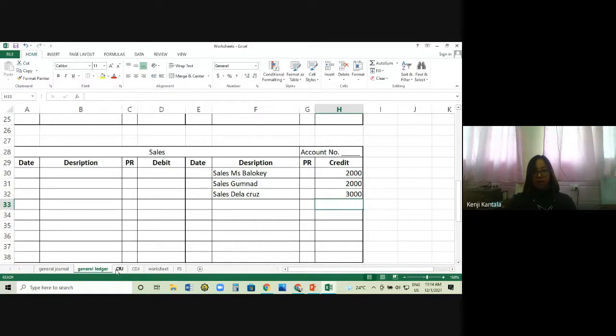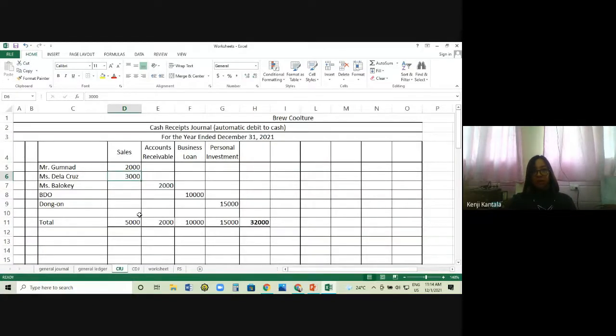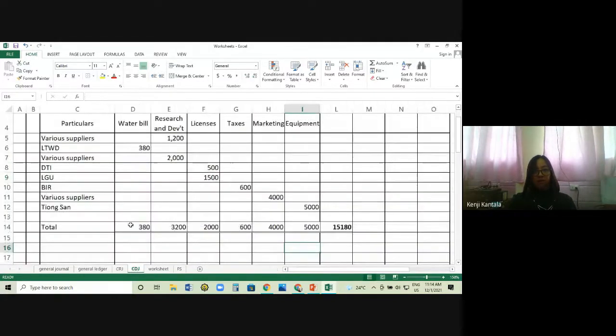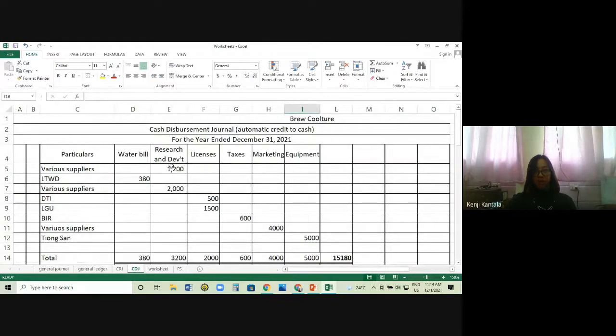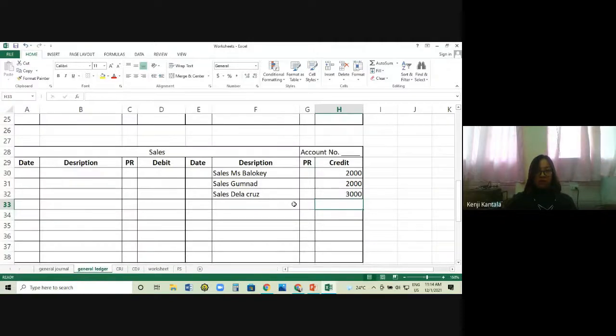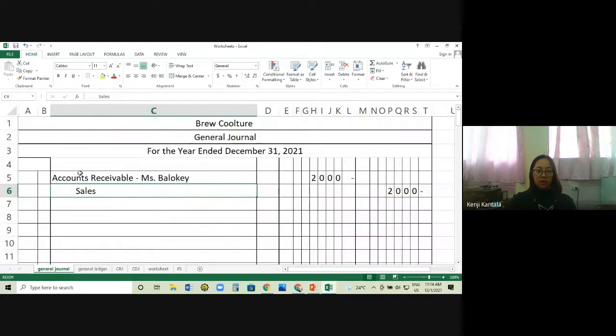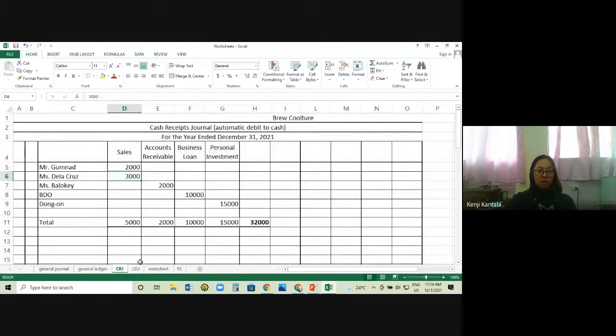Okay? Balik ulit tayo. And then for cash disbursement journal, meron ba tayong involving cash? Sales? Wala. So, ito na lang yung data natin for our sales. So, we sum up. We have total of 7,000 for our sales. Tapos na tayo kay accounts receivable, tapos na tayo kay sales.